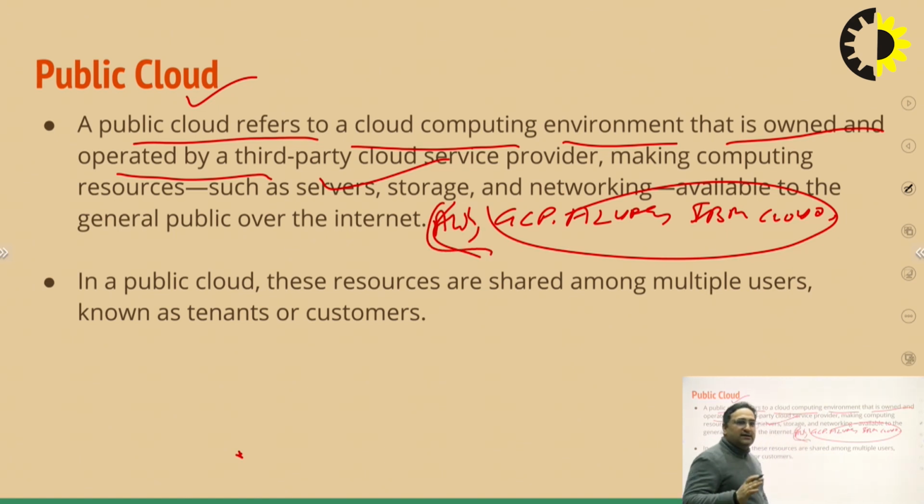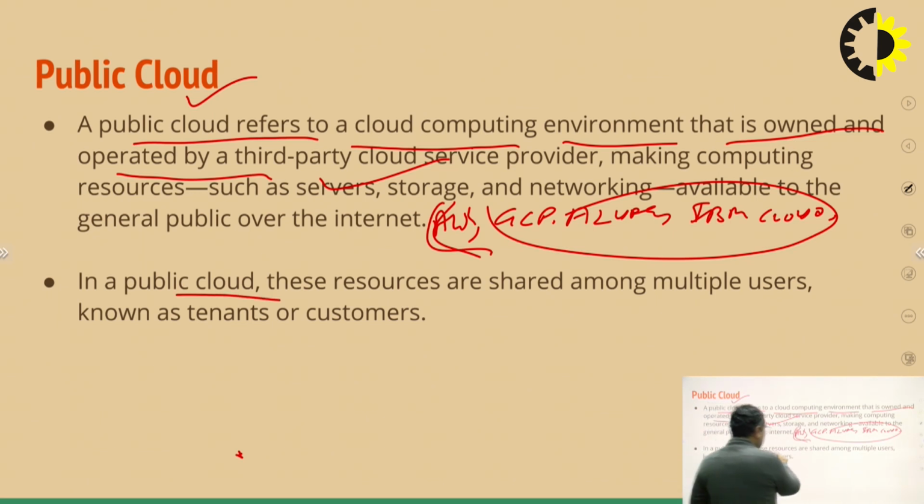So all these are the cloud providers, and these cloud providers are the public clouds. I'll talk about these providers as a private cloud also. They give their services as a private cloud also, but majorly these providers lie in the boundary of the public cloud providers.